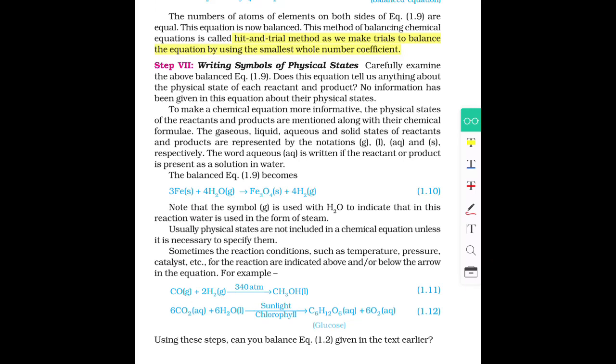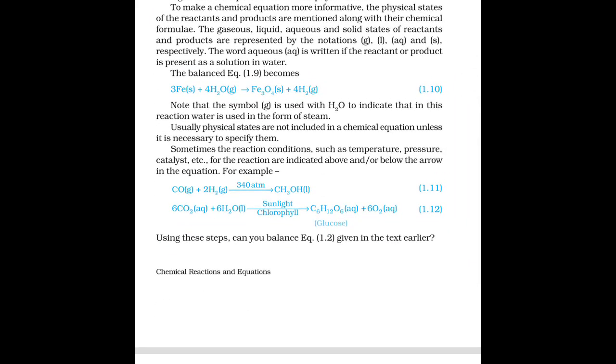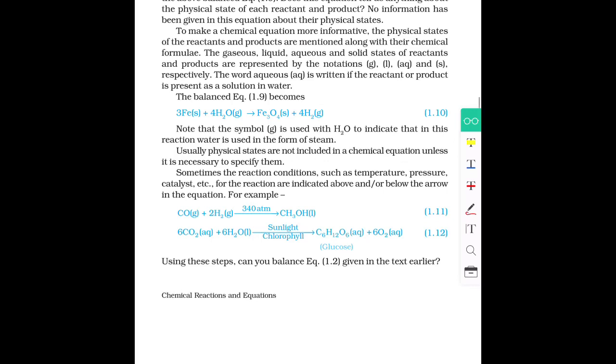The balanced equation 1.9 becomes 3Fe(s) plus 4H2O(g) gives Fe3O4(s) plus 4H2(g). Note that the symbol (g) is used with H2O to indicate that in this reaction, water is used in the form of steam. Usually, physical states are not included in chemical equations unless it is necessary to specify them.